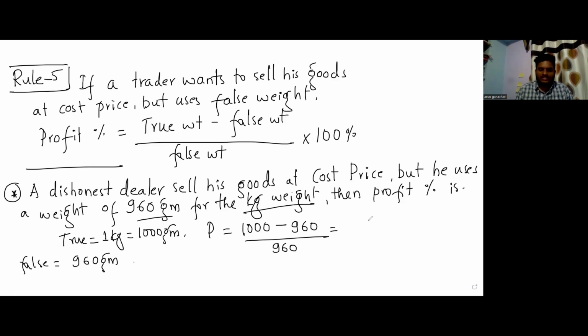What is 1000 minus 960? 40. 40 divided by 960. 0 and 0 will get cancelled. 4 ones are 4, 4 sixes are 24. What is 1 by 24? I have given you the chart. 4.16 percent.